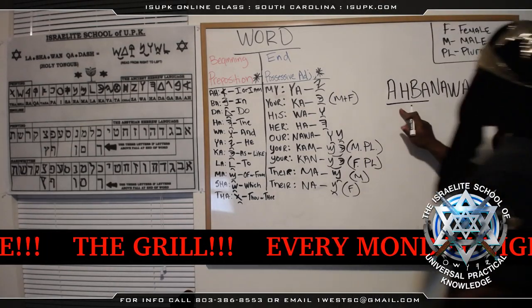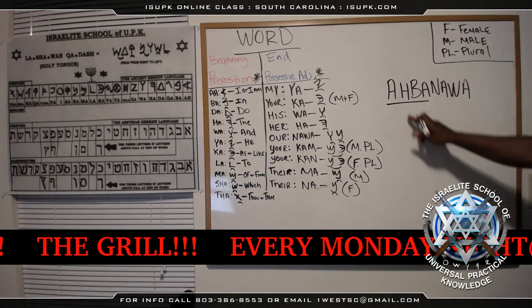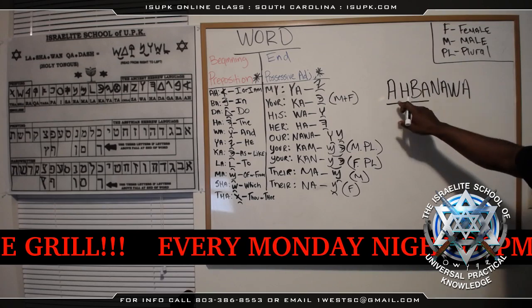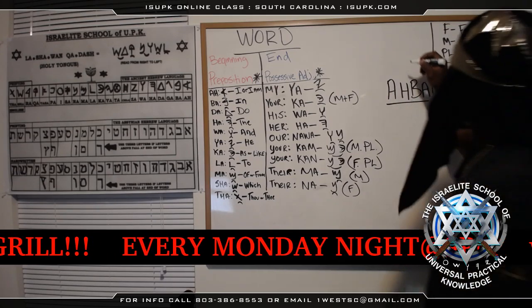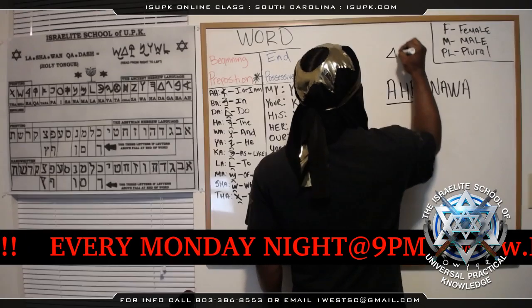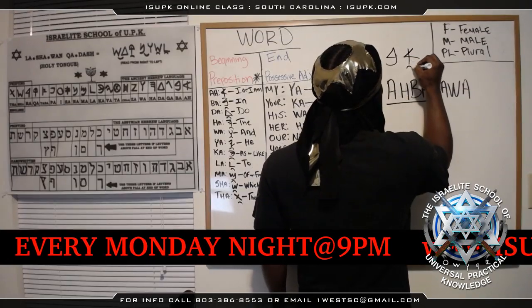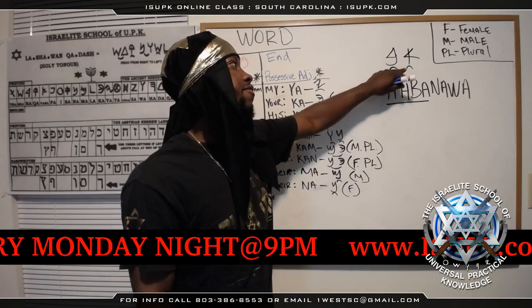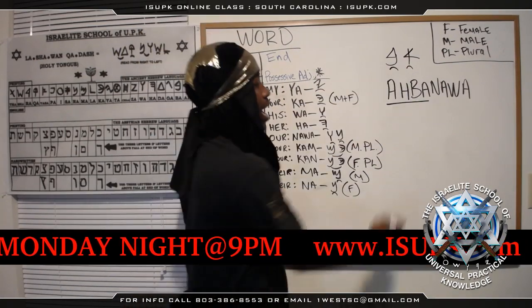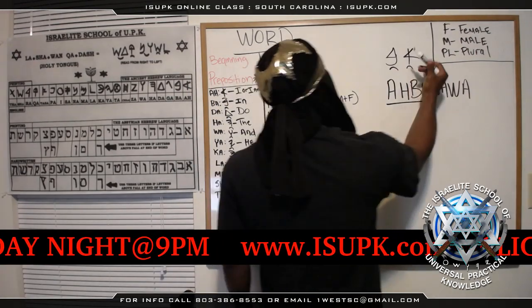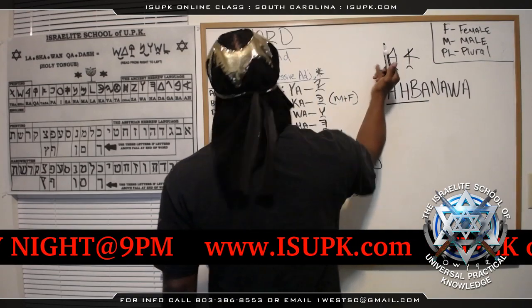Abba is the word that means father. That's how you say father. Abba is written like this: the aleph, and then the ba. Written from right to left, the aleph starts on the right and the ba comes on the left.